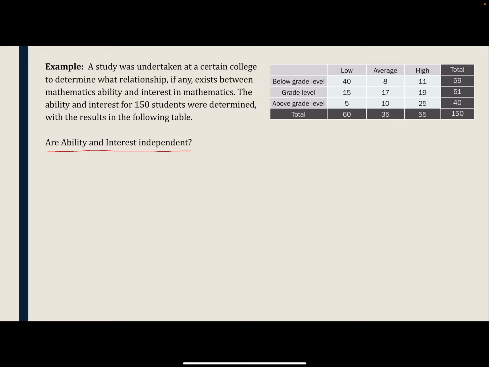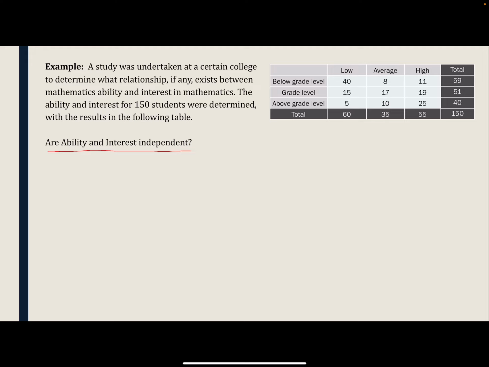The ability, I think I messed that up. The ability has three events, which is below grade level, grade level, and above grade level. And the interest has three events: low, average, and high. So what we want to do is pick any one event from each variable. It doesn't matter which one we pick.